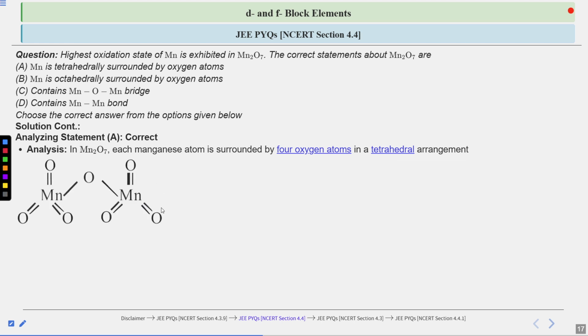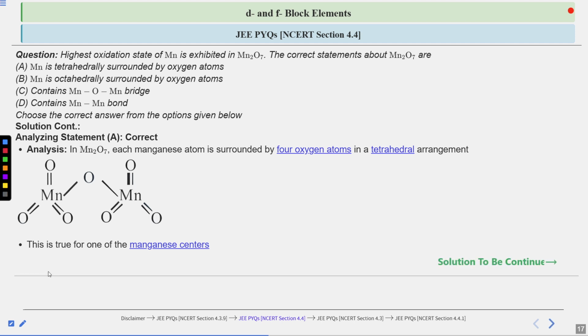You can see the diagram. This is true for both manganese centers. So statement A, that manganese is tetrahedrally surrounded by oxygen, is a correct statement, right?